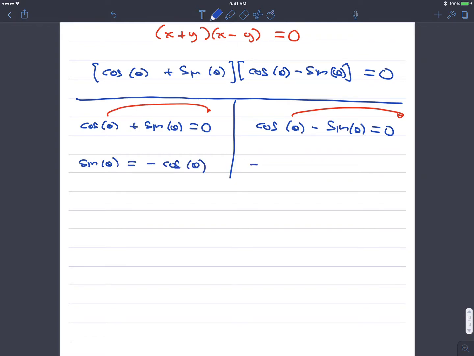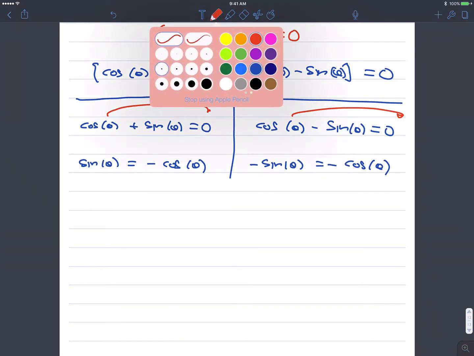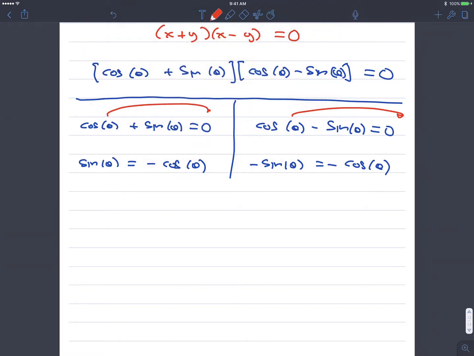This gives you minus sine theta is minus cosine theta. What do you guys want to do now? What did you guys see earlier today? We're ending this the way we started. Divide both sides by what? By cosine theta. The second one, make it minus cosine theta.